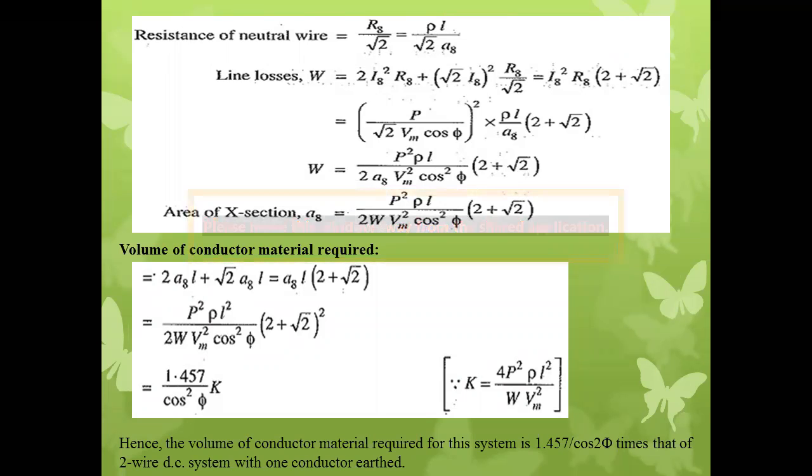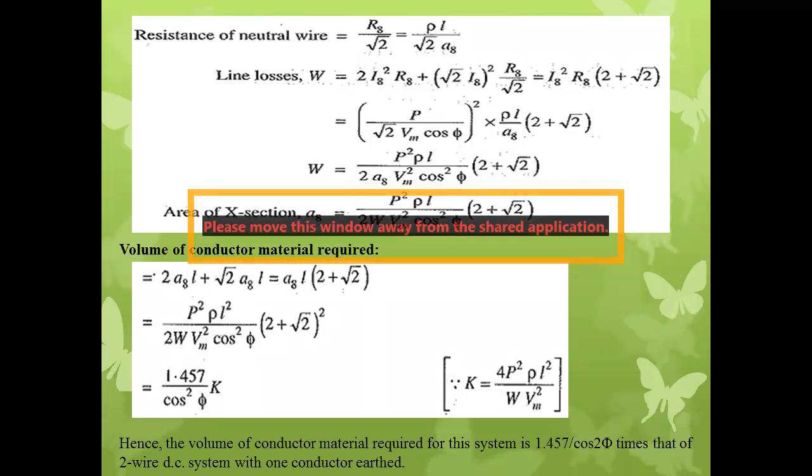As we know the resistance of the phase wire is R8, which is rho L by A8, we can easily find the resistance of the neutral wire by dividing by root 2. So the resistance of the neutral wire is 1 by root 2 times R8.